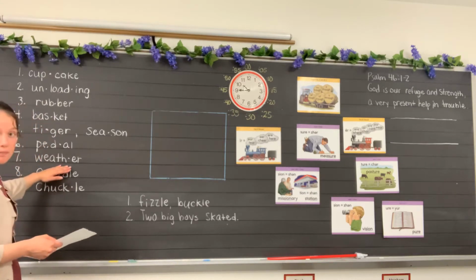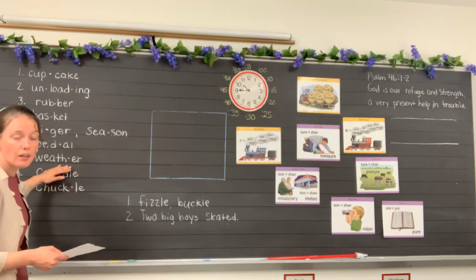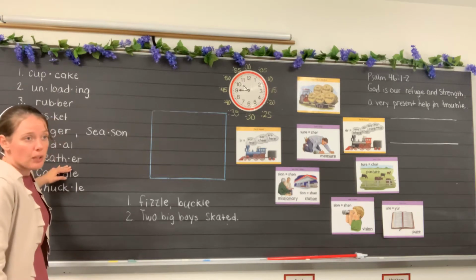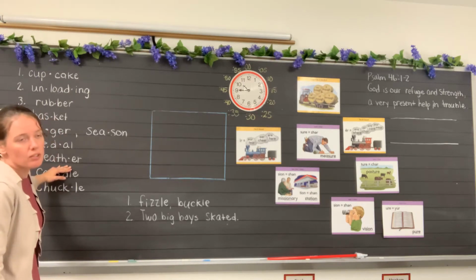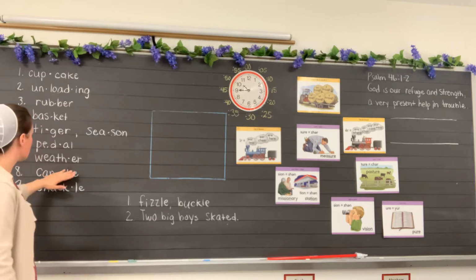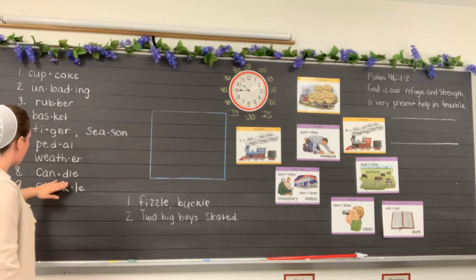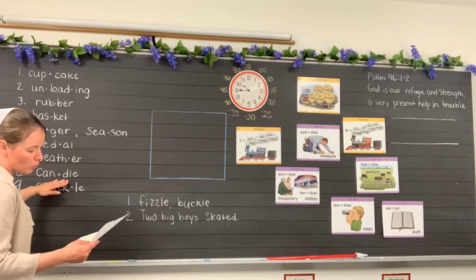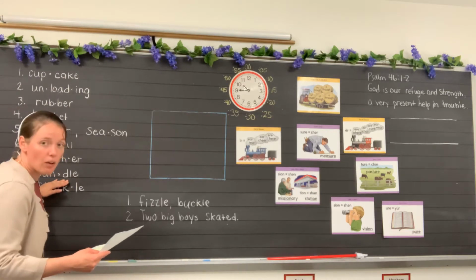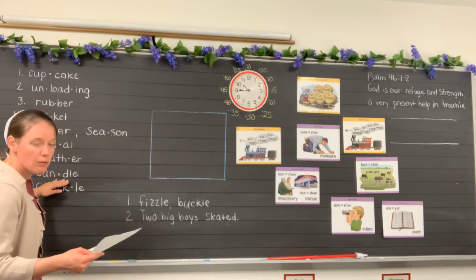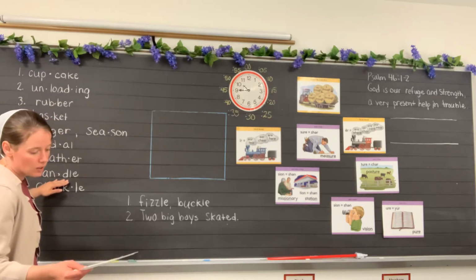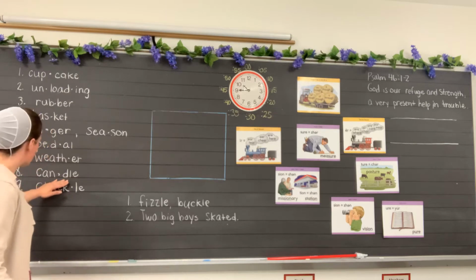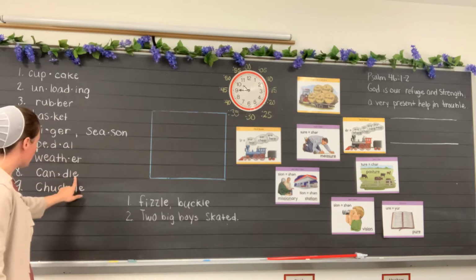So in weather, we do not divide the consonant digraph because consonant digraphs are one sound and they do not like to be divided. And then we have candle. Number eight is when a word ends with a consonant and an LE, divide it before the consonant and the LE. So we would divide it just before the consonant and the LE.